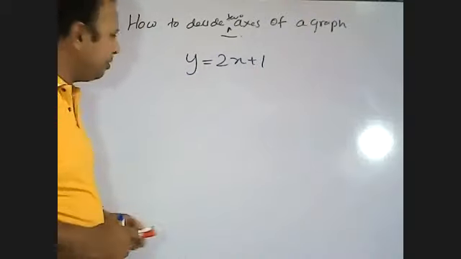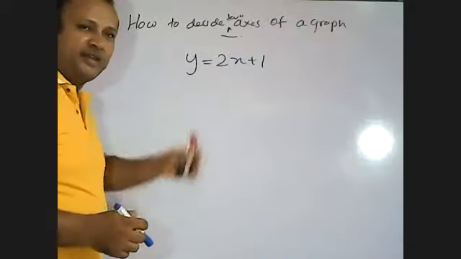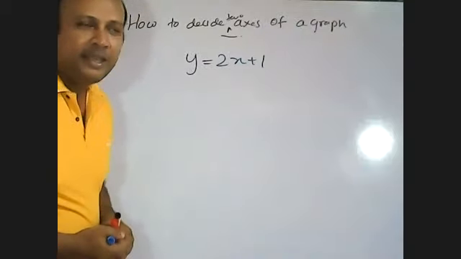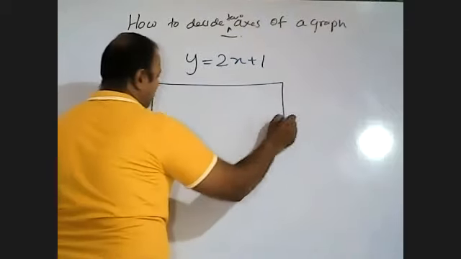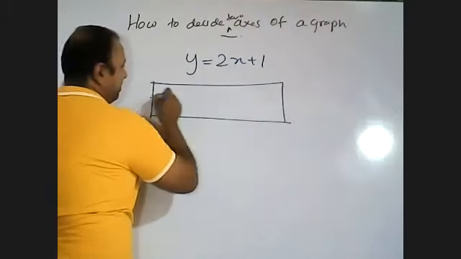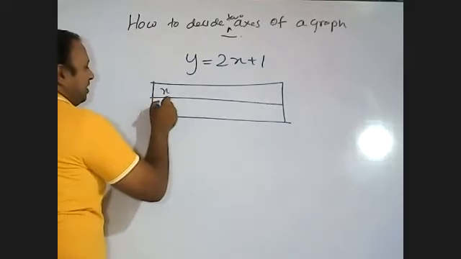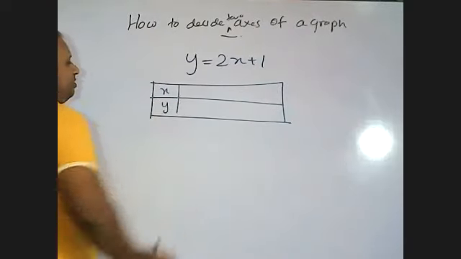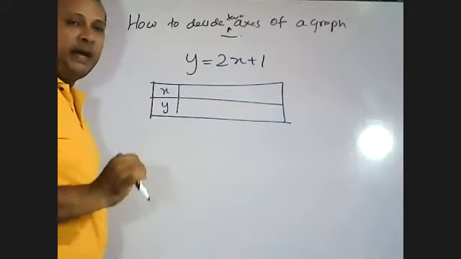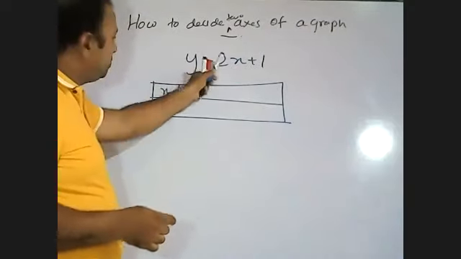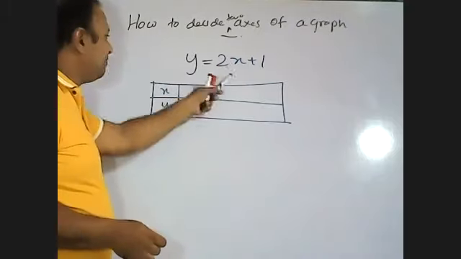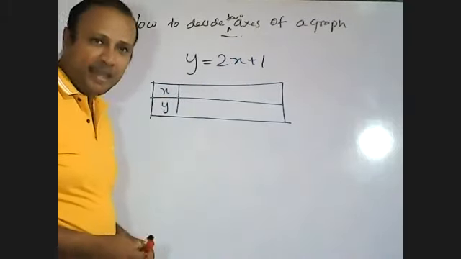Normally you sketch a table with x values and y values. You assign some numerical value for x, substitute it into this equation and find the y coordinate.